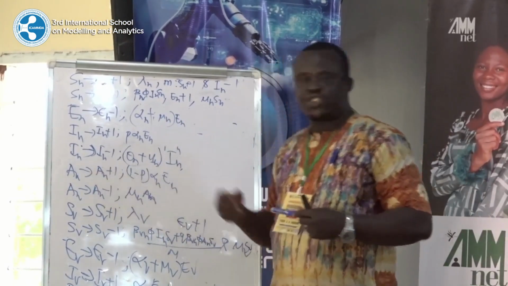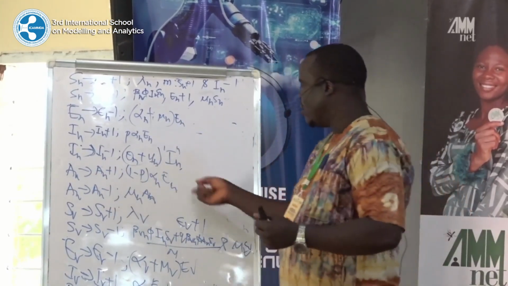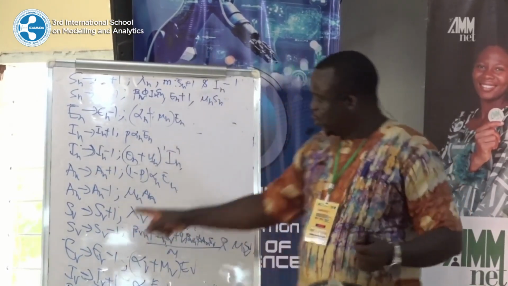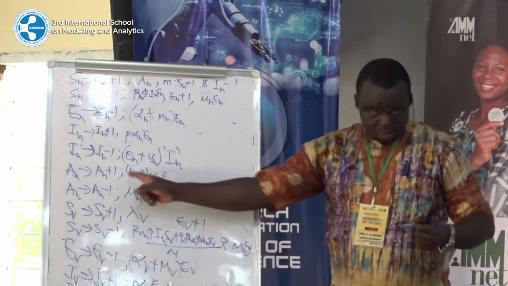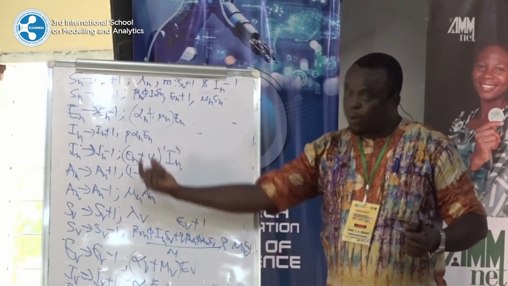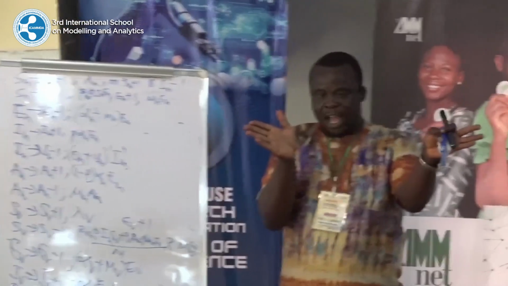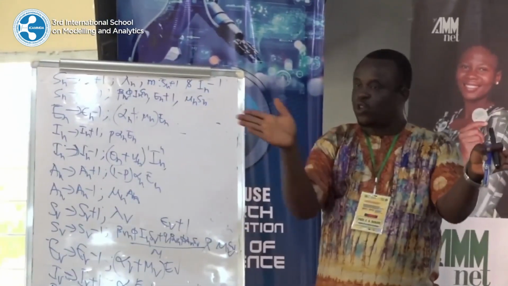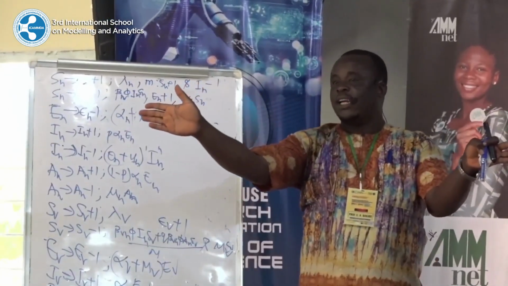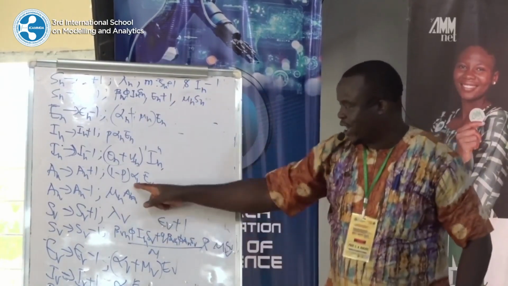Now, AH, asymptomatic. People are entering the asymptomatic class due to this probability. You know, probability of some people going from the exposed, some either go to the infectious class, or some percentage goes to what? The asymptomatic. And that's what we have here.